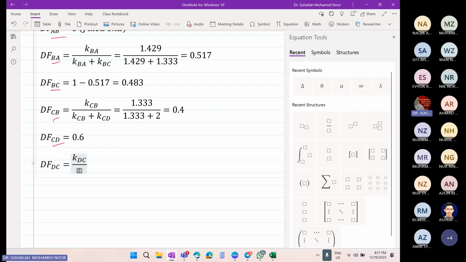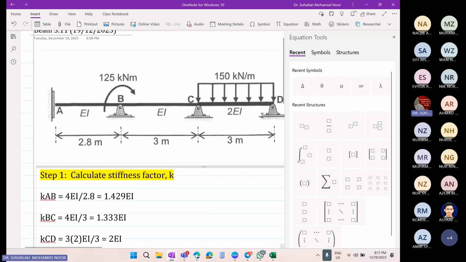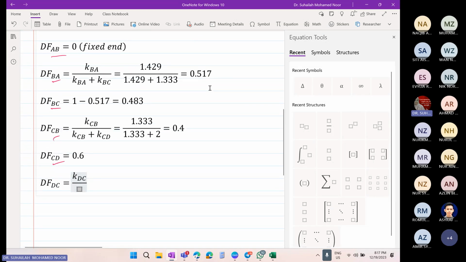And we divide by KD. At joint D, since it is the last point, there is only DC and no DE, so KD is just KDC. That's why we get DFDC equal to 1.